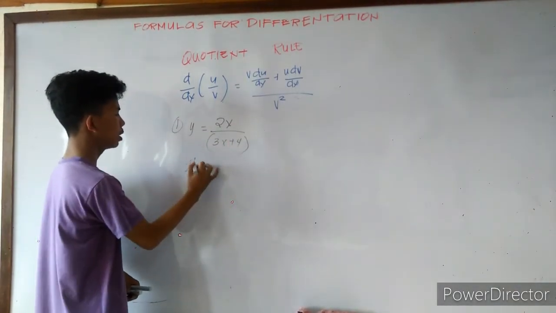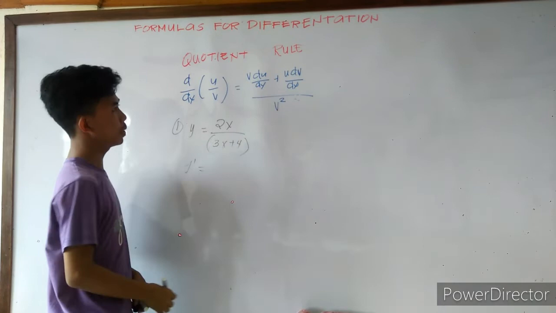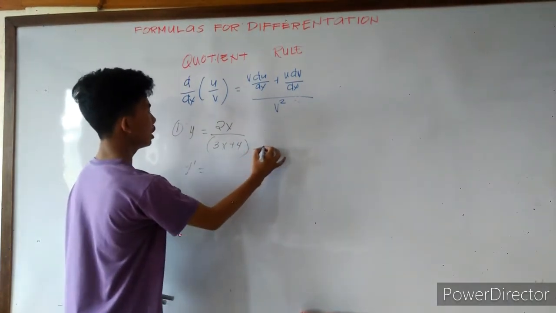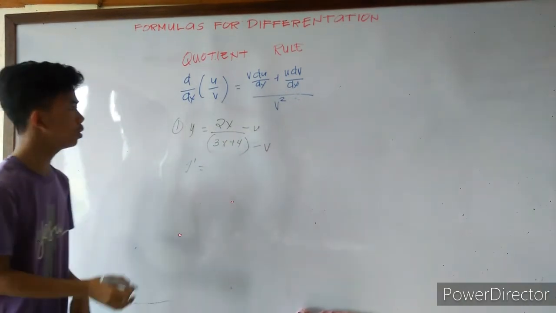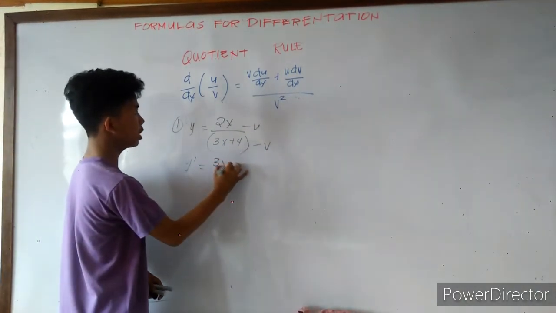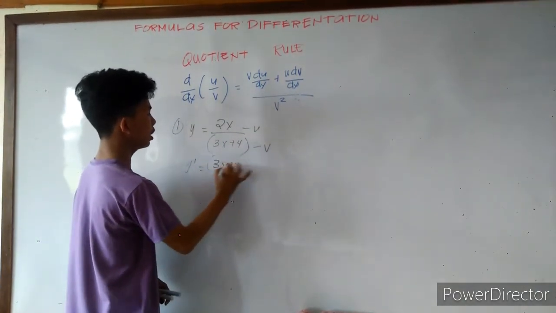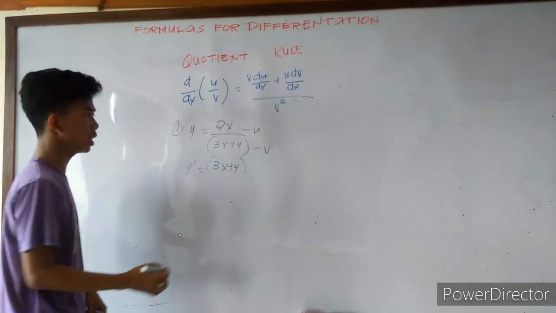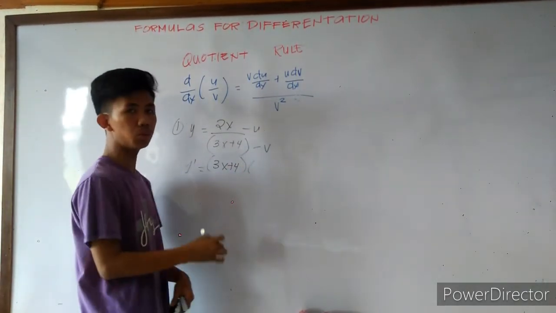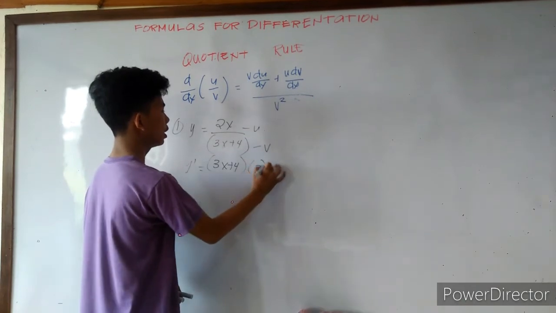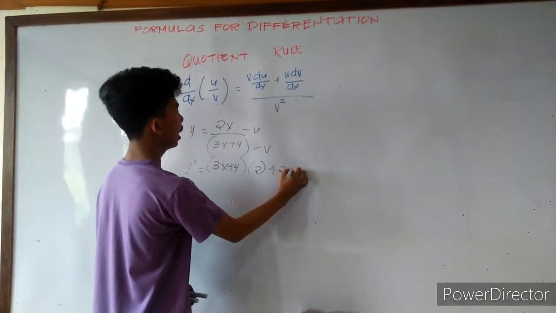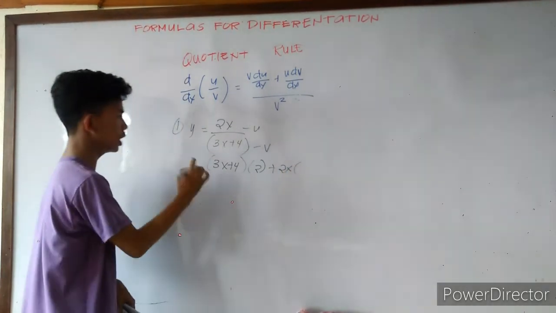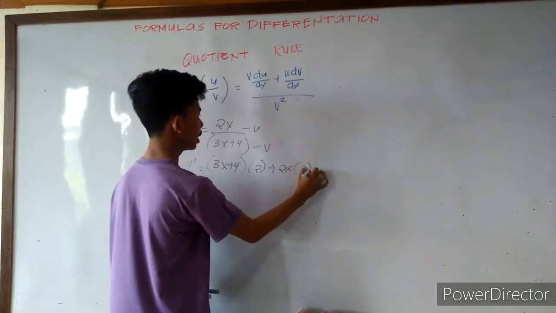So y prime is equal to capital V, where your v is 3x plus 4 and your u is 2x. So capital V, 3x plus 4, then get the derivative of u, which is the derivative of 2x, equal to 2. Then subtract, copy your u, then get the derivative of your v, which is 3.